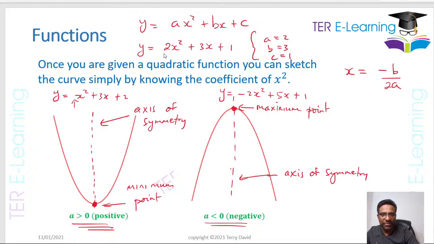I'm getting those numbers from here: this 2, this 3, and this 1. These are the numbers that I need to plug into this expression. I don't need the c, but if I have b and a, I can work out the axis of symmetry. I know some of you may never have seen this before.